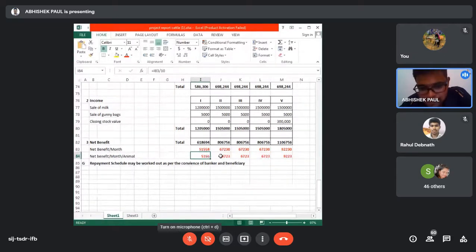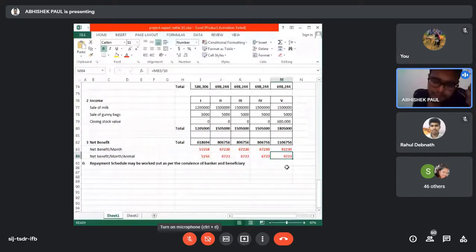In the second year it is 6,000, and in the fifth year it will be 9,000 rupees. That is the money that can be generated per animal per month. So that's why the project is very, very important, to get some idea about the profitability of the farm.